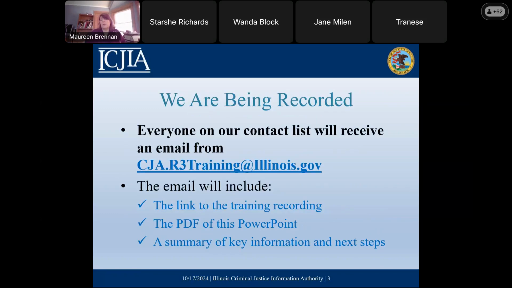We're still building our contact list, so if you have other folks at your agency that you think would benefit from participating in these trainings and receiving those invitations and receiving the follow-up emails, then please use the cja.r3training@illinois.gov email address to share that contact information with me, because the follow-up email will always give you the recording of that day's session, the PDF of the PowerPoint that we use, and a summary of any of the key points.